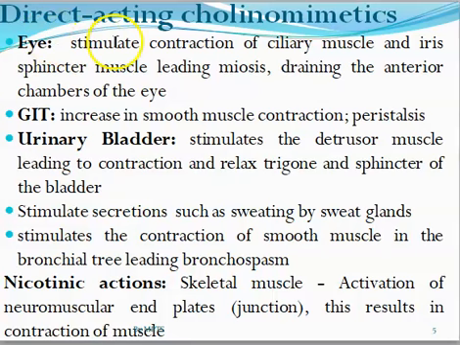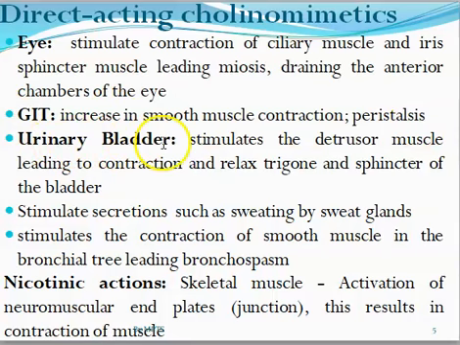Energy. This one is energy conservation. Now, in the eye, they stimulate the contraction of the ciliary muscle and the iris sphincter, leading to miosis, or draining of the anterior chambers of the eye. Now, in the GIT, they increase smooth muscle contraction and peristalsis.